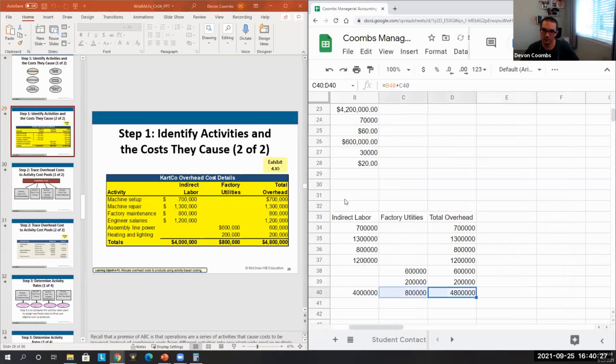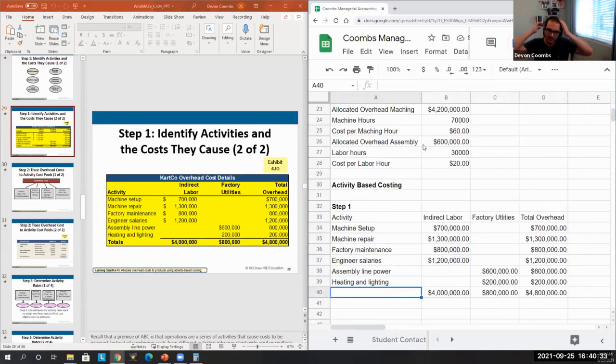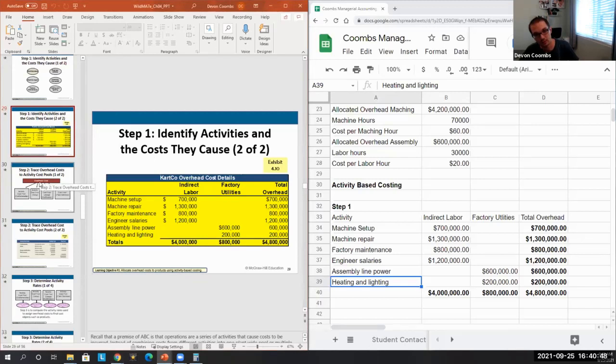So pretty much we're saying we've distributed all the costs. As good accountants and managers, we've looked at the business and we've decided these are the costs we're seeing for each of these activities. We got our heating bill, we got our machine setup bill, we got our repair bills, all this. And we figured out these seem like key activities. And these are the total costs associated with them.